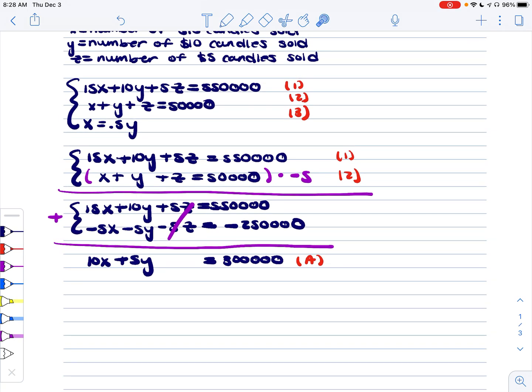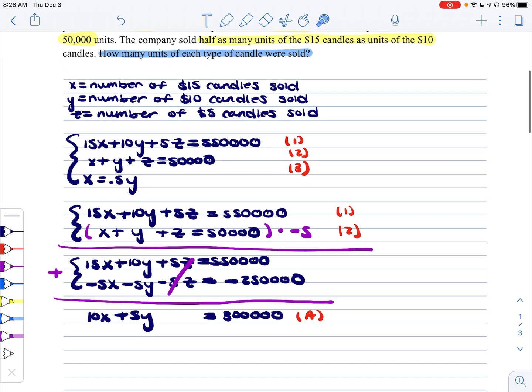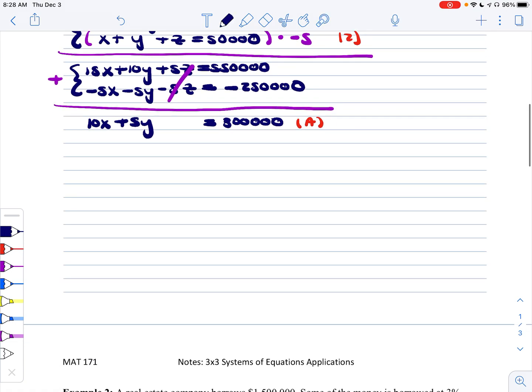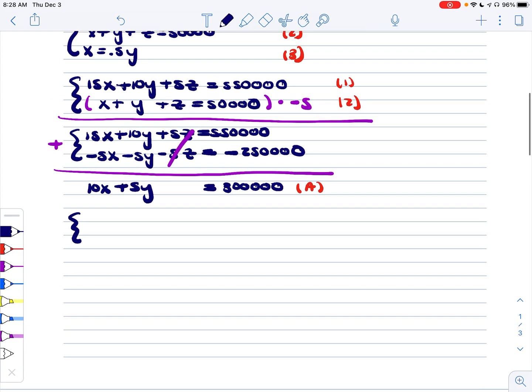Okay, so then putting together equation A with equation 3, we have our 2x2 system.